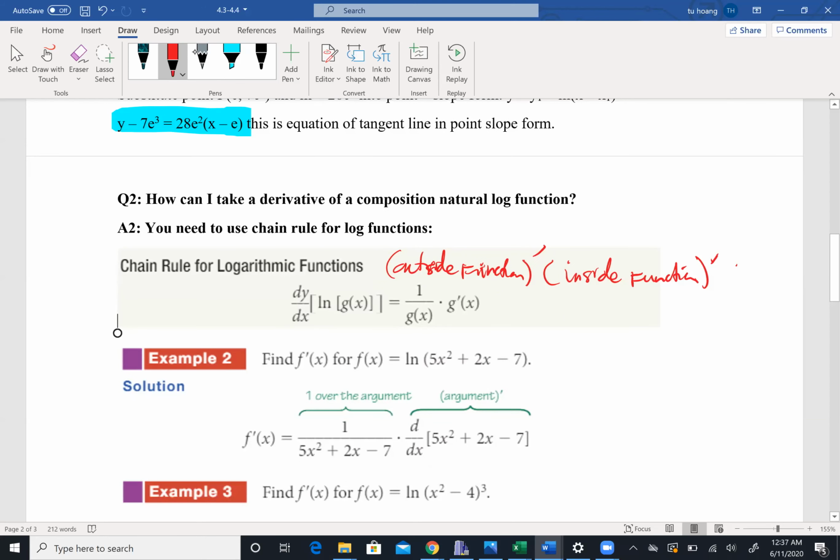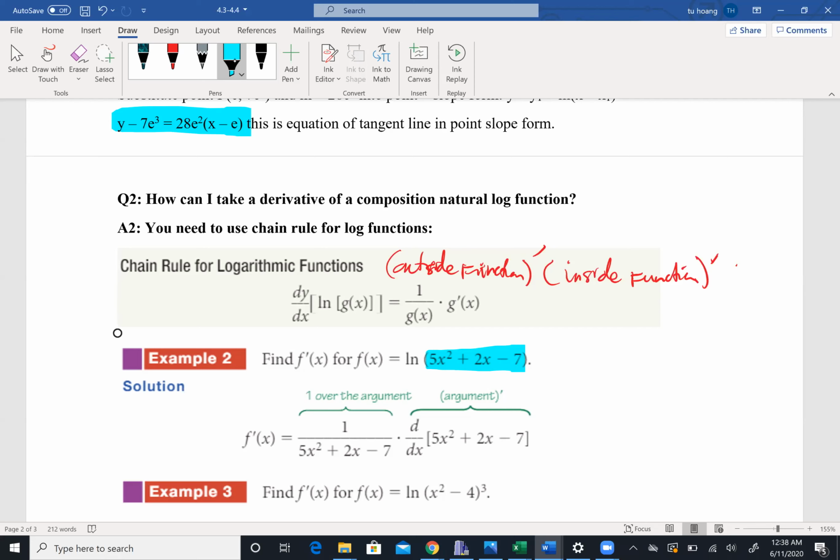So example 2: I am trying to take the derivative of f(x) for f(x) equal to ln of 5x squared plus 2x minus 7. In this case, if you look globally, you see that there is an inside function, and the inside function here is 5x squared plus 2x minus 7.